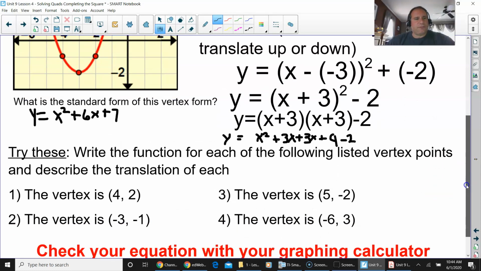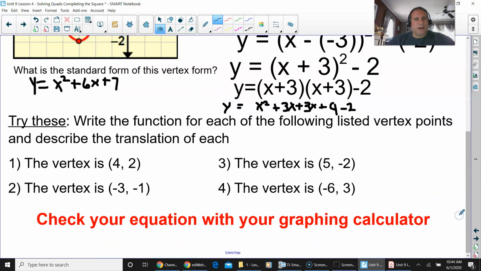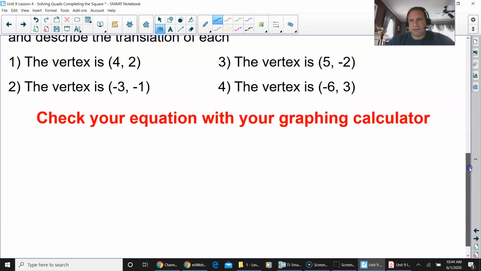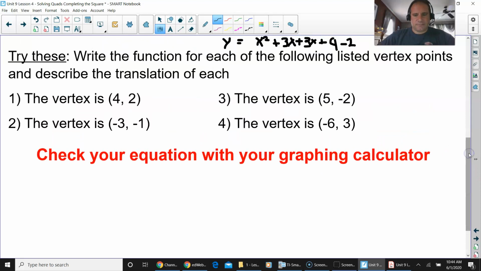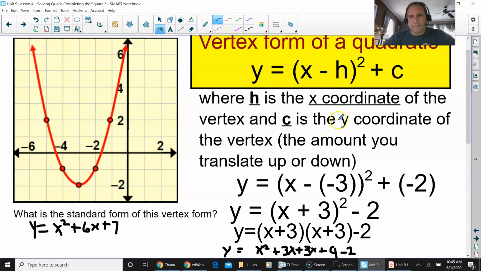All right, so for trying these, this is where the vertex is. So it says write the function for each of the following listed vertex points and describe the translation of each. Before we go on further, I just wanted to make sure you understand h.